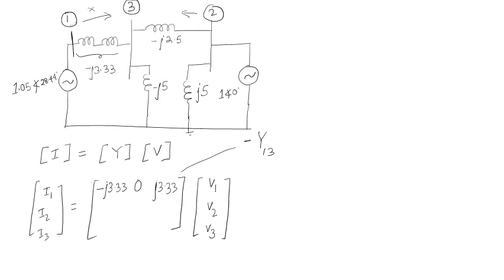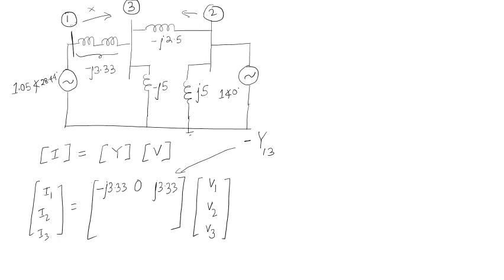So actually Y13 is minus j3.33. For a mutual admittance you have to multiply with a minus sign. You have learned this framing in your load flow analysis, so I am not going to discuss it here.